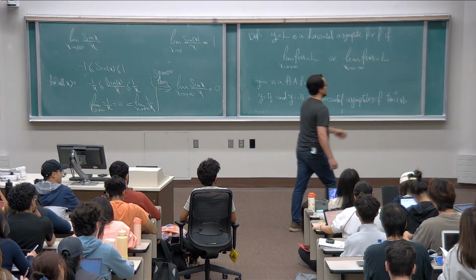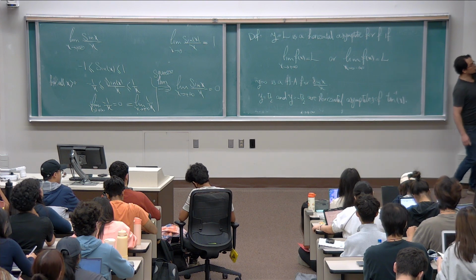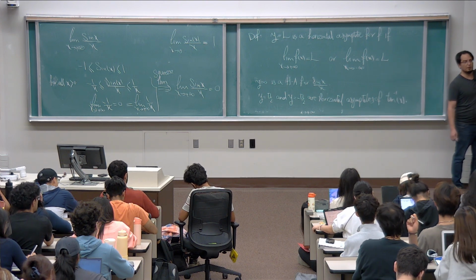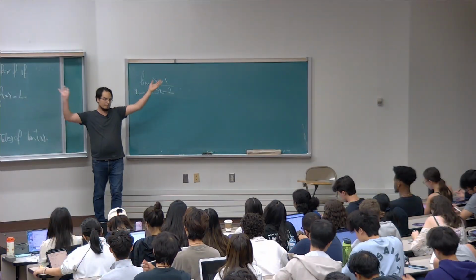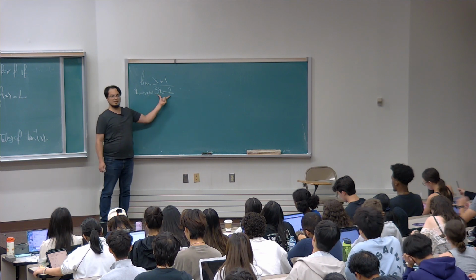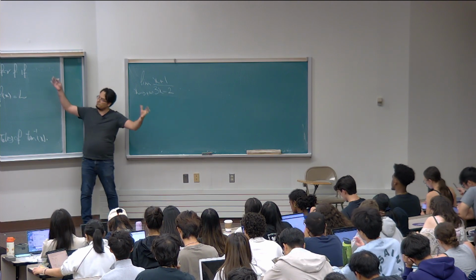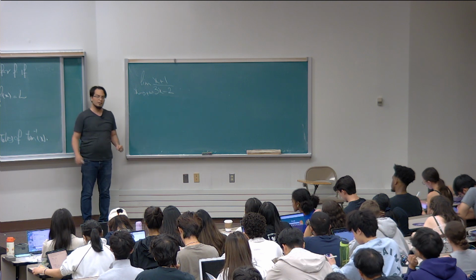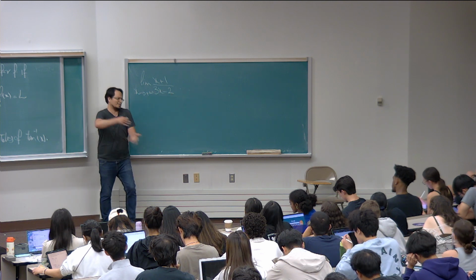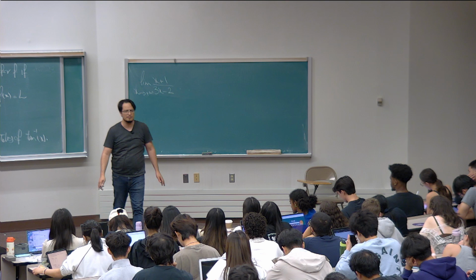Another way of saying this is that if x is growing big and big and big, you add 1, still it's growing big and big and big. The same argument is here. x is going to plus infinity, 3 times a big number is a big number. You take away 2, still it is a big number, yes?